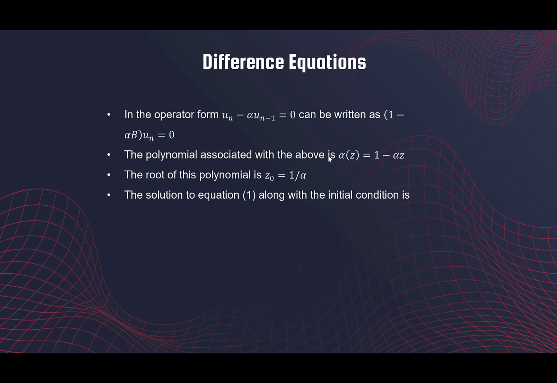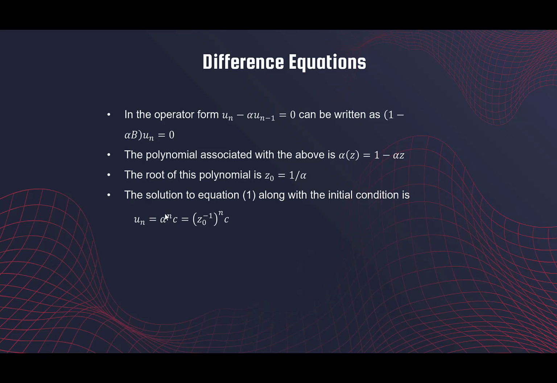So the solution to equation 1, the difference equation of order 1, along with the initial condition has this form. In the previous slide, we know that un is alpha to the n times c, where c was the initial condition. But what is alpha? We need to figure that out as well. Once we figure out what alpha is, then we can actually calculate un, that is, we have the complete solution.